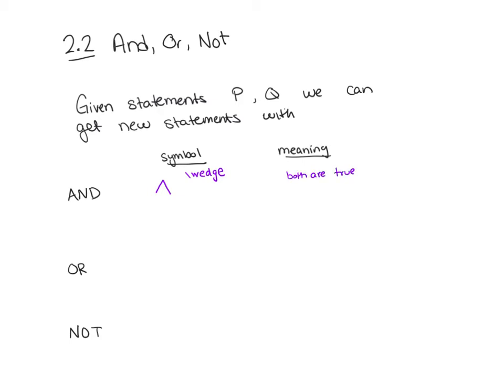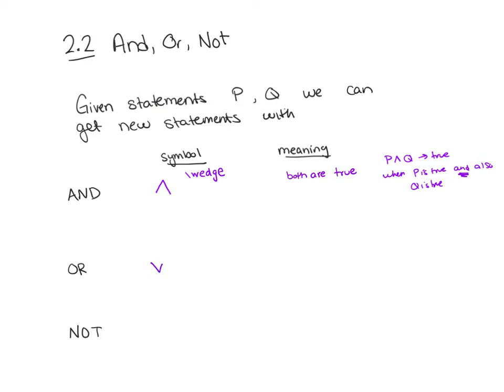So I'm only going to get P and Q to be true when P is true and also Q is true. I'm actually defining the word and with the word and, so it's obviously not the best definition, but I think we can kind of get that meaning.